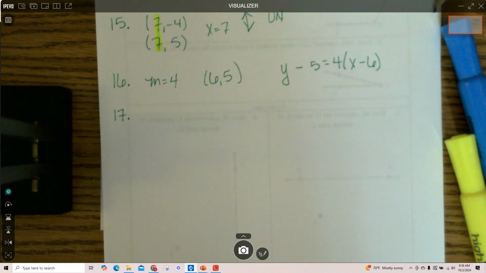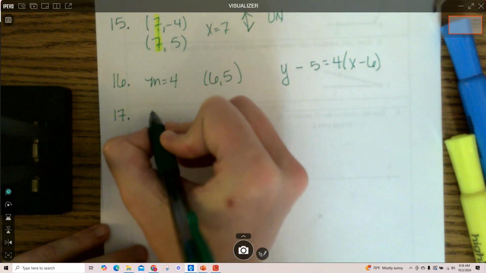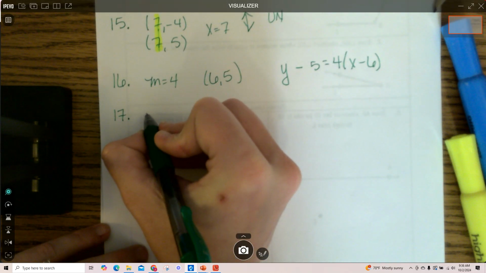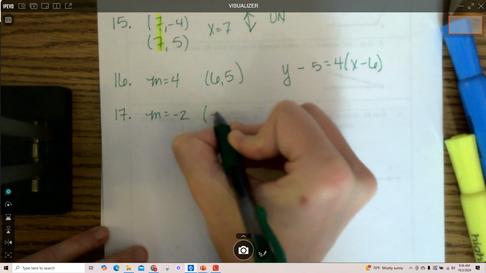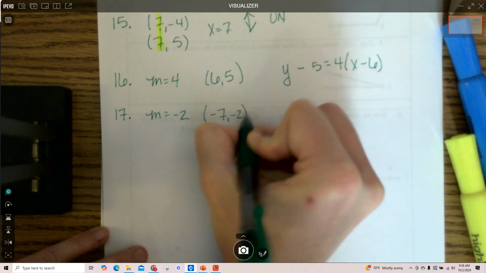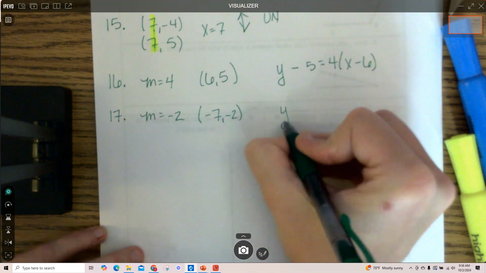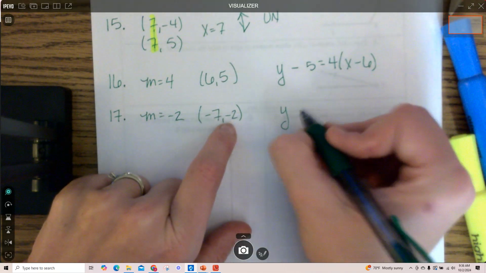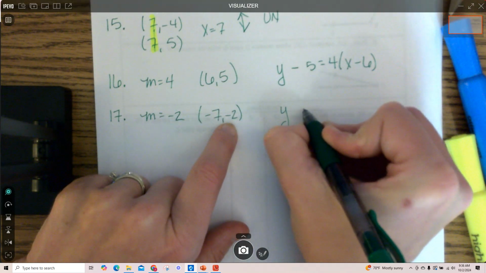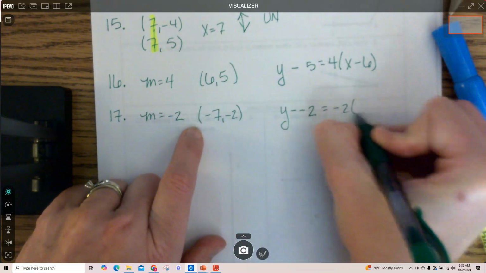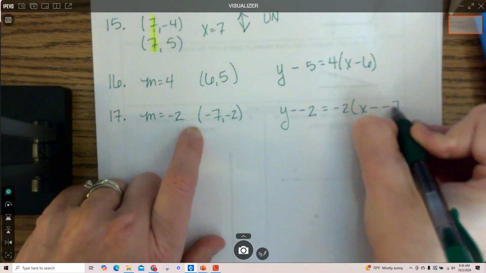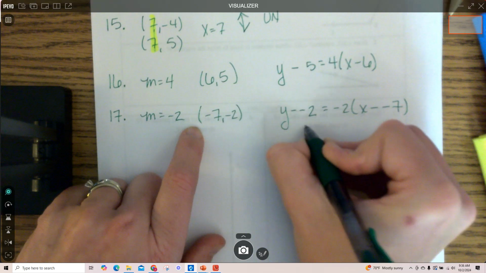What else? 17. Okay. You want to give me yours, Lexi, and we'll work a different one? Okay. The slope is negative 2. The point is negative 7, negative 2. So y, so this is a good one. Y minus a negative 2. Here, I'm just going to write it out and make sure that you're simplifying it. X minus a negative 7. You don't write things like this.